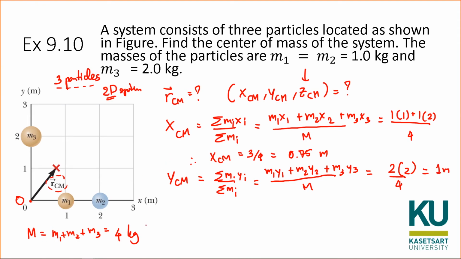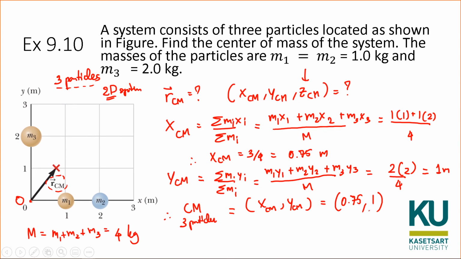Now you have the center of mass of this system of 3 particles. XCM and YCM are 0.75 and 1 meter. If you write it as a vector, your RCM is 0.75 i plus 1 j in units of meters. This is the answer for this case.